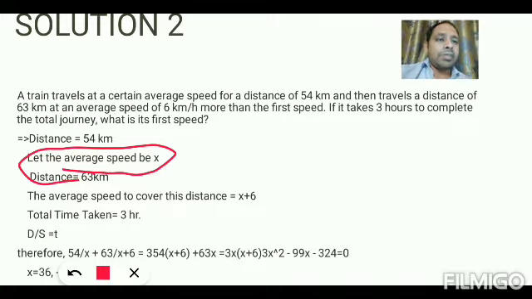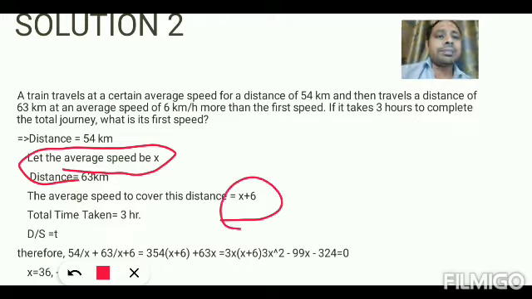It covers 54 km at this speed, and after that the speed of the train is increased by 6 km per hour. That means the next speed, or the average speed for the next distance, is x plus 6, right?